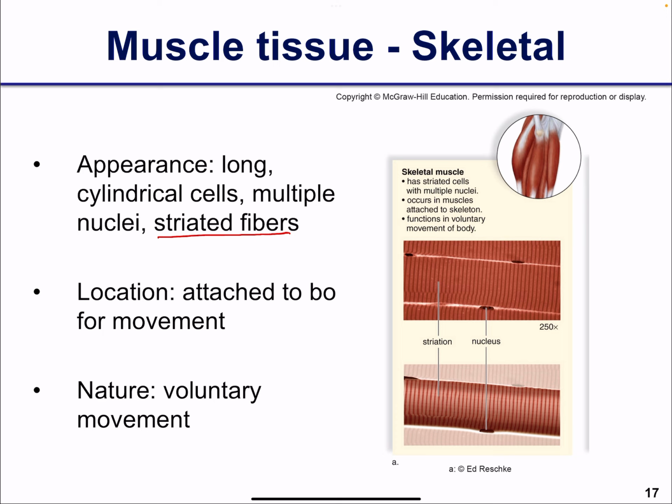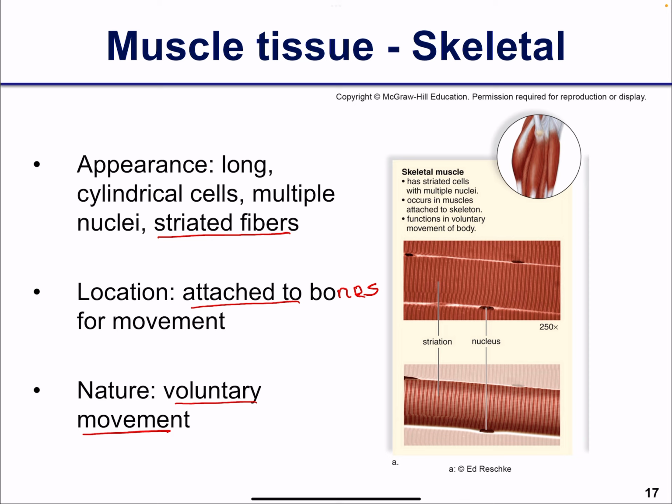Where do we find skeletal muscles and what do they do specifically? Skeletal muscles are typically attached to bones to allow movement. This movement is voluntary movement. You decide, for instance, to walk.